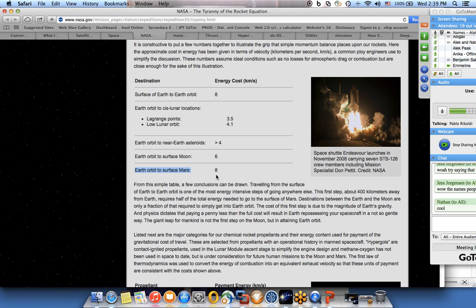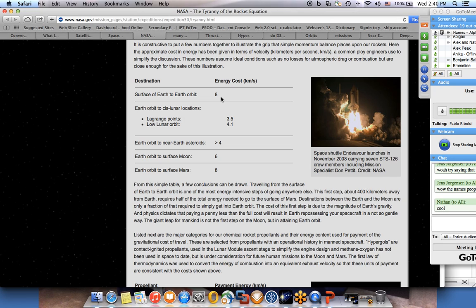So most of the time, rockets have a first stage, like the one in the space shuttle that launches from the Earth, with huge, humongous tanks and everything in order to take the rocket from the surface of the Earth to Earth orbit and put it at 8 kilometers per second.